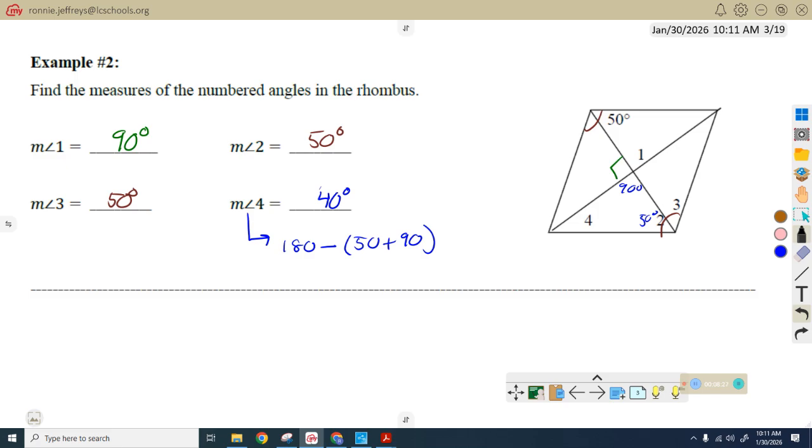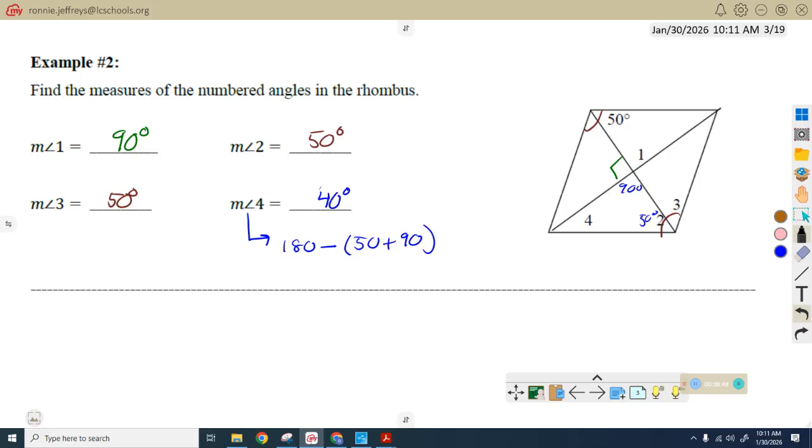Celsius. Do you know what 40 Celsius is in Fahrenheit? 108? Did you just whip that out of nowhere? Alright. So, that's example 2.